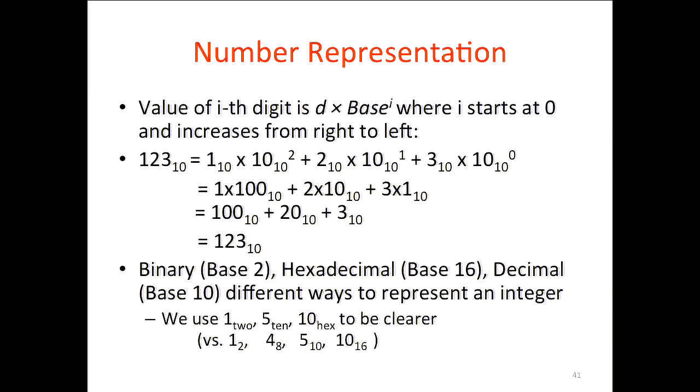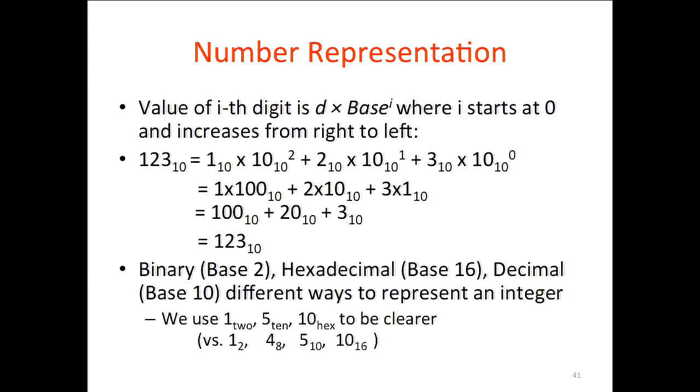So if we take 123 in a decimal system, that would be 1 in the place of hundreds, 2 in the place of tens, and 3 in the place of ones. We write it down like that, add all these things together, and indeed get 123.